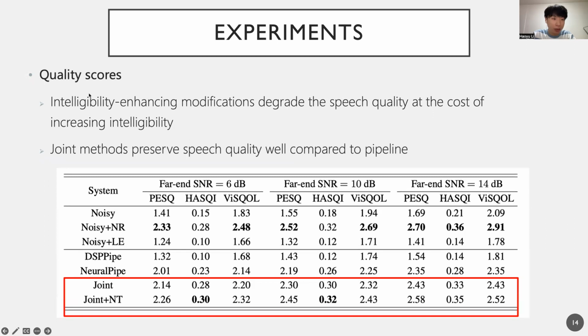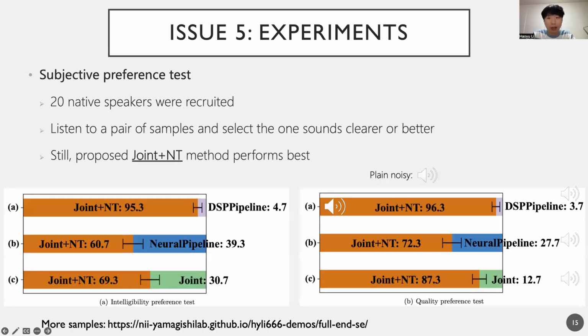This is a similar result on the quality scores, and we can see the joint methods preserve speech quality very well compared to the pipeline systems. And this is the result of the subjective preference test. 20 native speakers were recruited to listen to a pair of samples and select the one that sounds clearer in terms of intelligibility or better in terms of quality. And still we find the proposed method, which is the joint plus NT method, performs best.